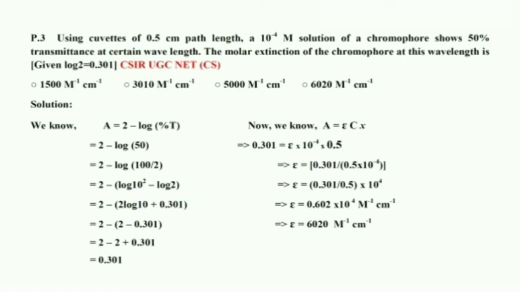This implies epsilon is equal to 0.301 divided by 0.5 into 10 to the power minus 4, which means epsilon is equal to 0.301 divided by 0.5 into 10 to the power 4, and it is equal to 0.602 into 10 to the power 4 molar inverse centimeter inverse. On simplifying it we get epsilon is equal to 6020 molar inverse centimeter inverse. So that means the option D is the right answer.